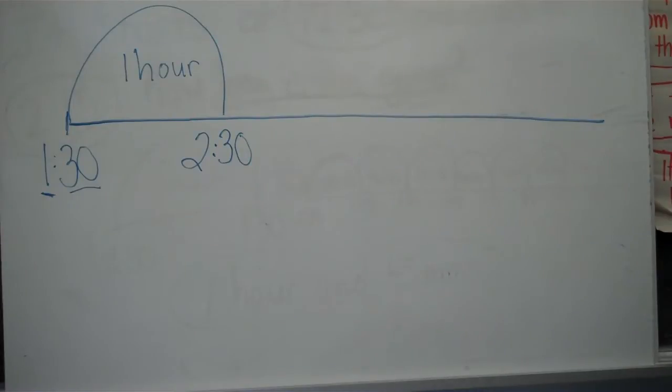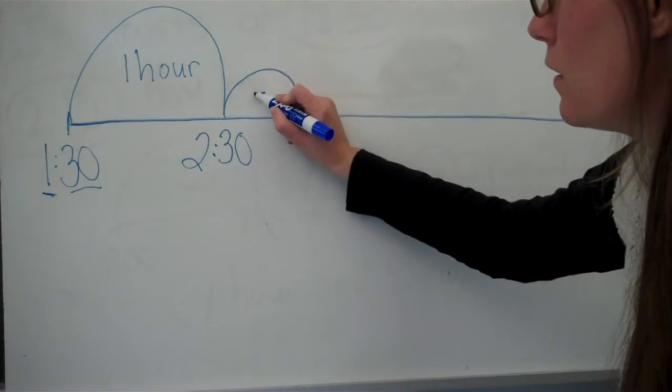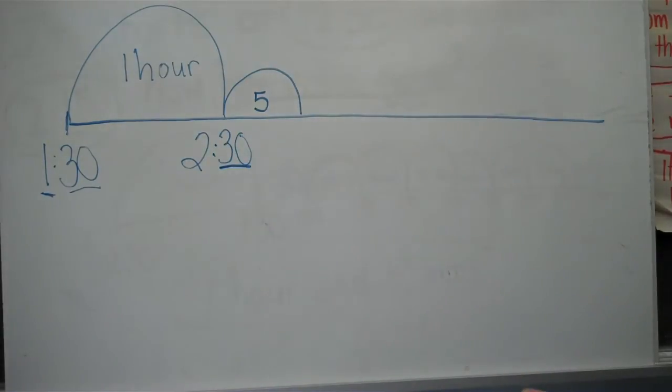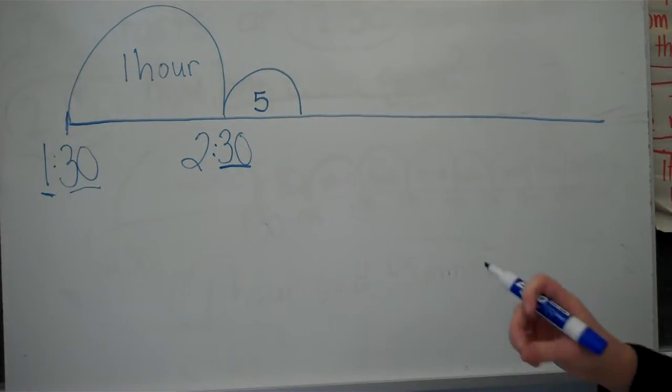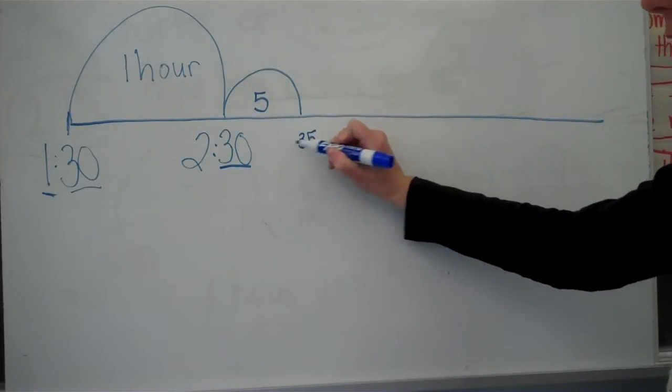If I hop another hour, I'm going to get to 3:30, but my end time is 3:15. 3:30 is past 3:15. So now I'm going to start to hop by 5 minutes. In 5 minutes, I'm going to count 5, 10, 15, 20, 25, 30, 35.